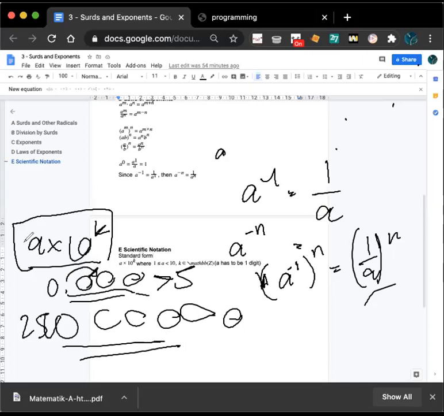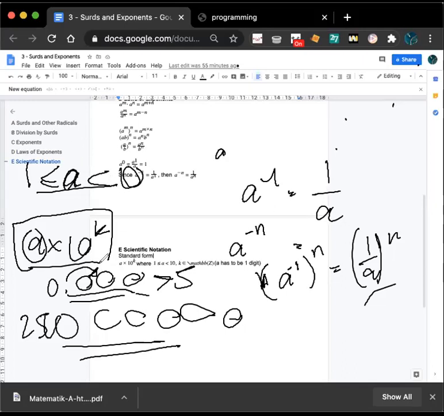Basically they need to have the a in the range of 1 to 10, so not more than a single digit.